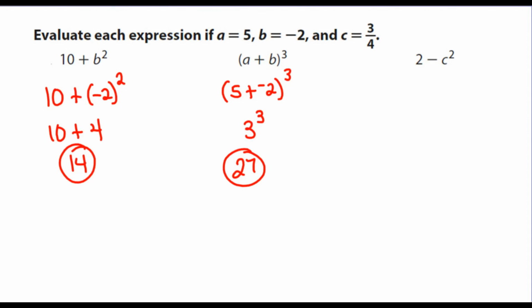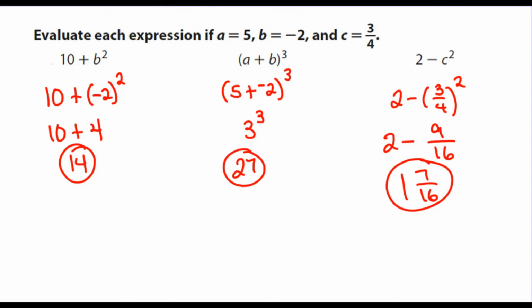And then 2 minus c squared, and c is 3/4. 3/4 times 3/4 is 9/16. So I have 2 minus 9/16, which gives me 1 and 7/16. And there is my result there.